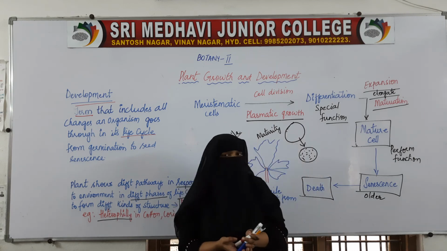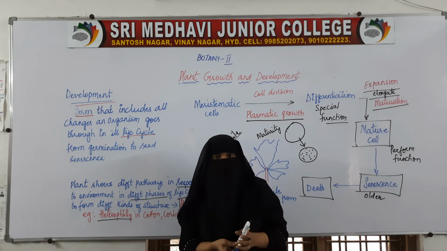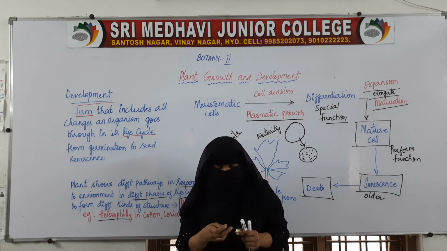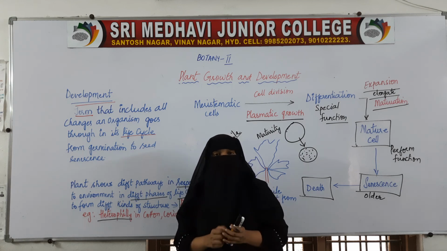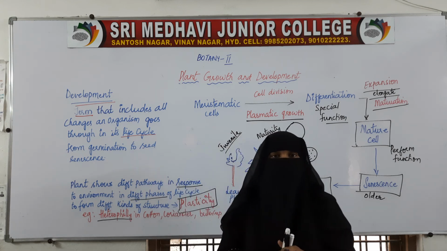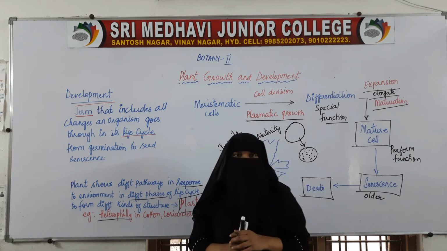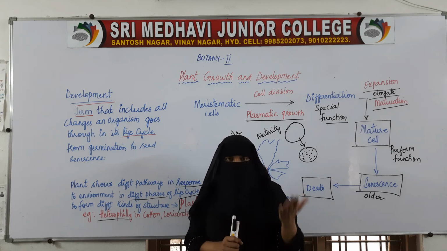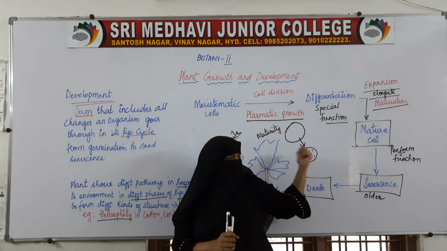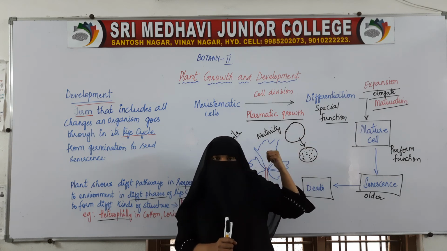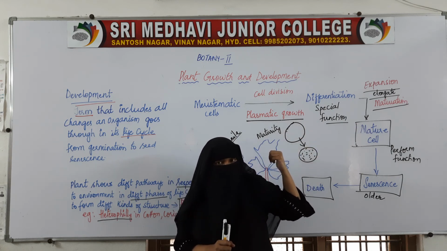So this was all about development. In the next class, we will see what the inside factors are which help the plants to grow and help the seeds to germinate. We have seen how growth takes place and how development takes place. We have even seen the diagrammatic representation of growth and differentiation.